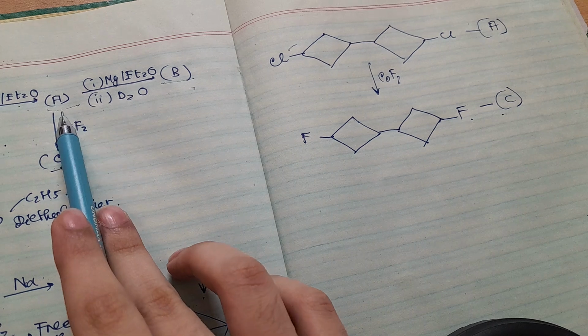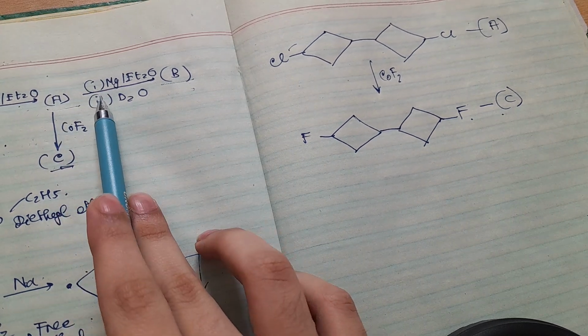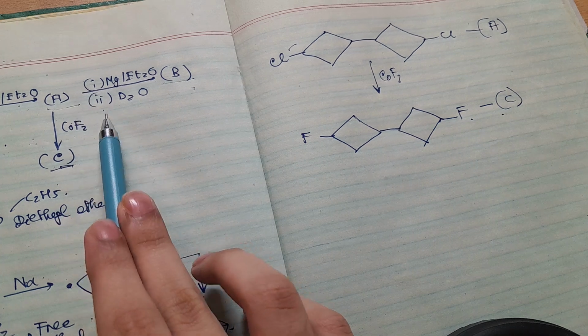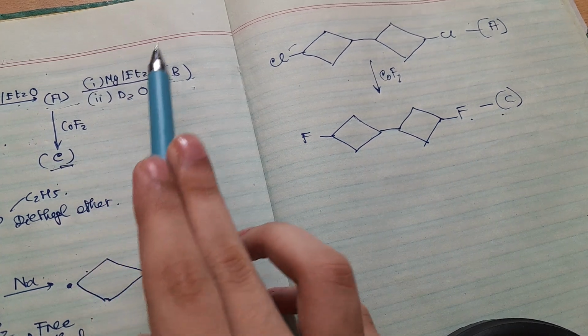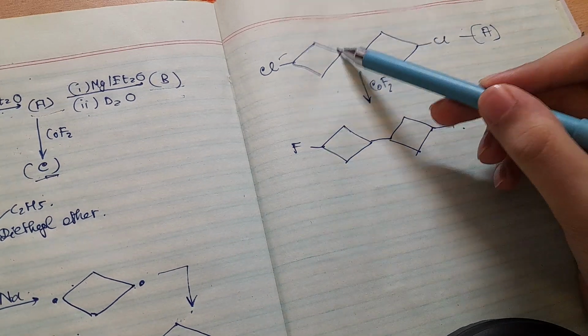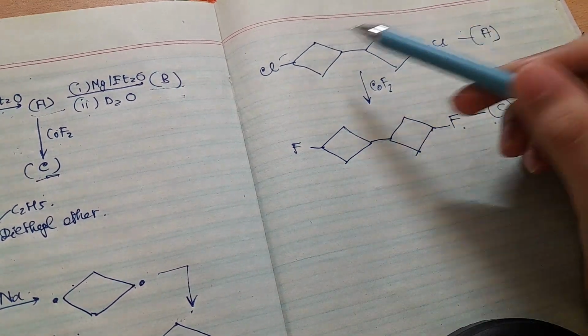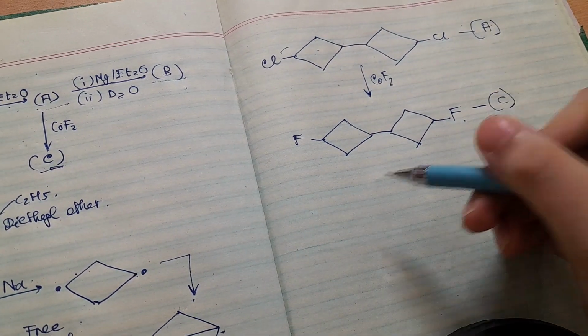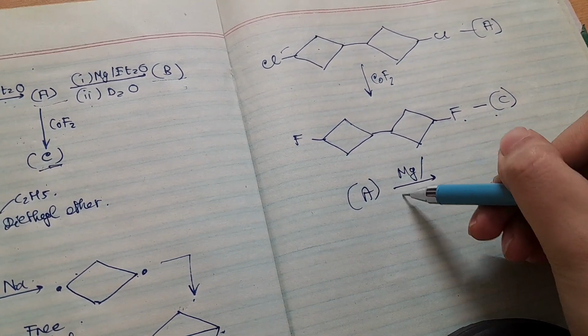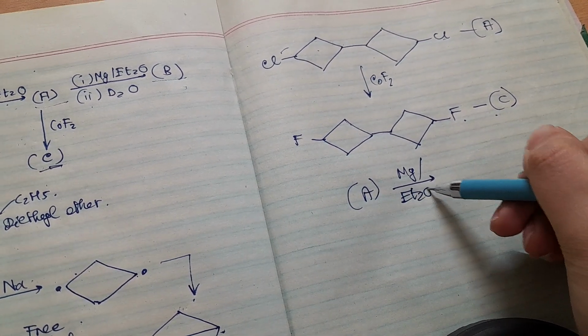Now this A, when treated with magnesium in the presence of diethyl ether, and then followed by D2O, will give you B. Alright, so we know this structure is A, with this chlorine. So now we have to treat this A with magnesium in Et2O.